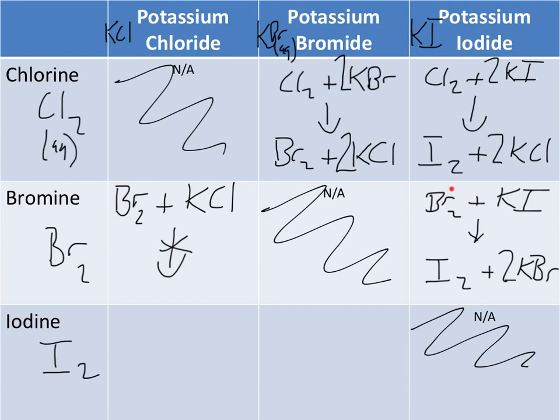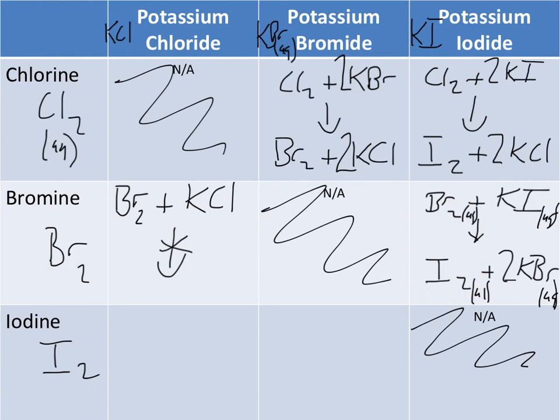Well, we've got bromine here, which would be dissolved in water. We're not going to do this in pure bromine. And we form iodine. All these things are dissolved in water. Bromine water is an orange colour. Iodine is a brown colour when it's dissolved in water. So we'd probably see a darkening of the orange to form this brown iodine solution. And we could prove that iodine was in there by adding the organic solvent, which would turn purple.